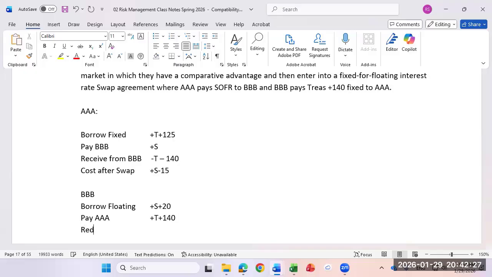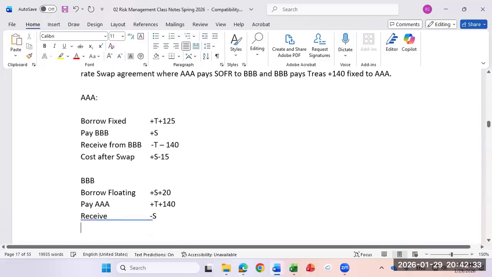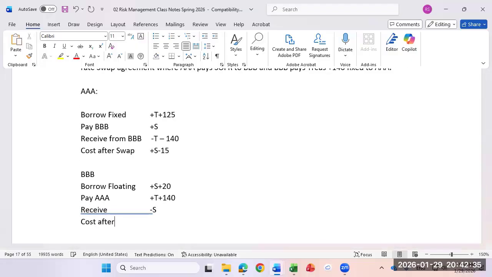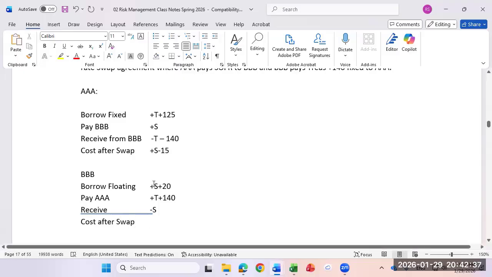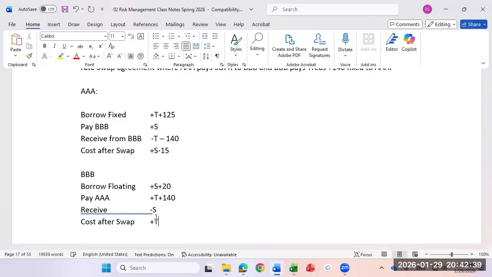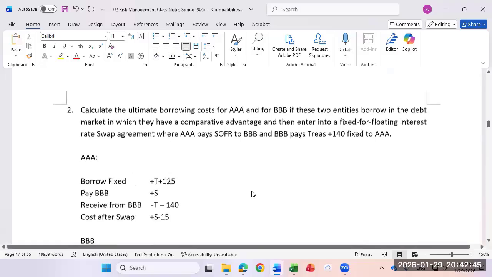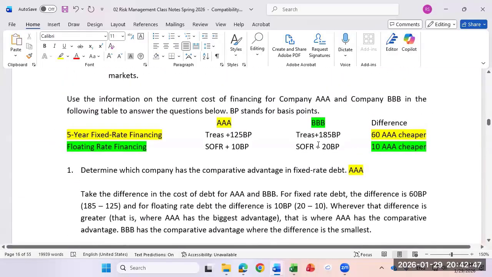And what do they receive? They receive SOFR. Does that all look right? What's their cost after swap? So the S's cancel out. So they pay T plus what? 160. Is that better or worse than what they were borrowing before? What would they borrow if they borrowed fixed? Ah, they came out ahead.